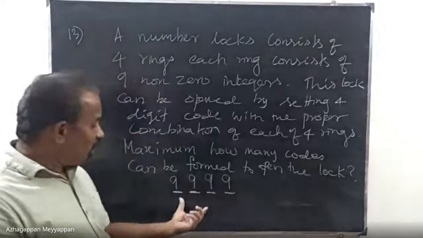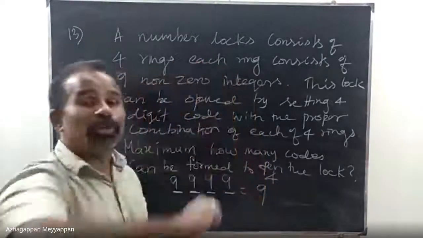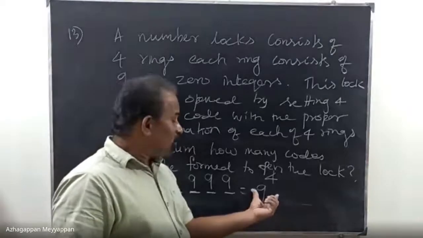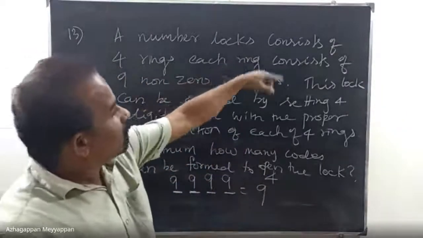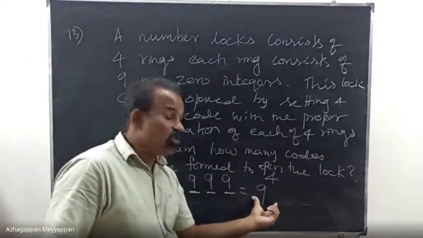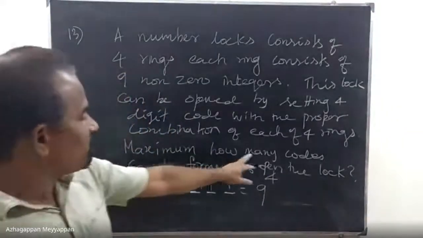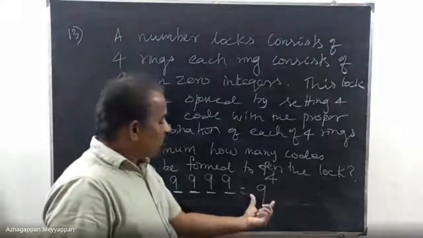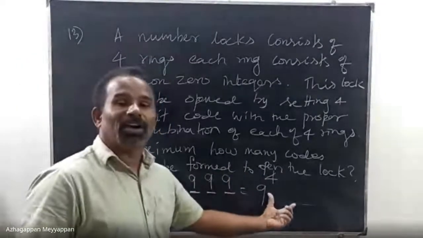So there are 9 power 4 combinations, 9 power 4 trials you can check. So maximum 9 power 4 codes can be formed to open the lock. Understood?